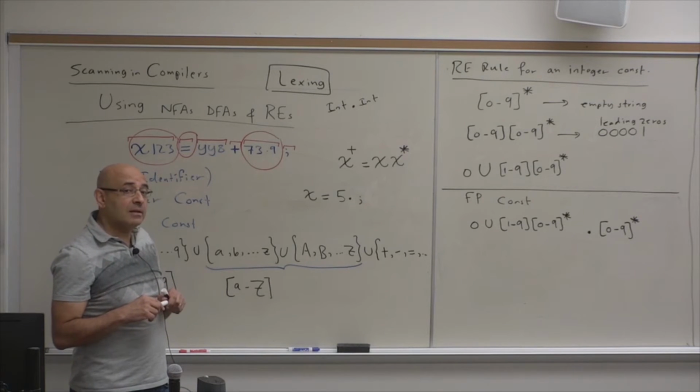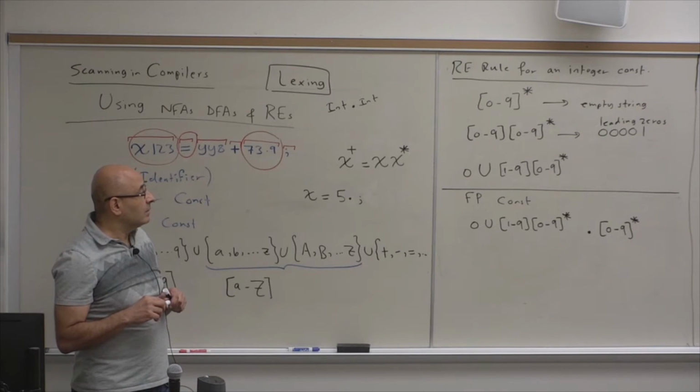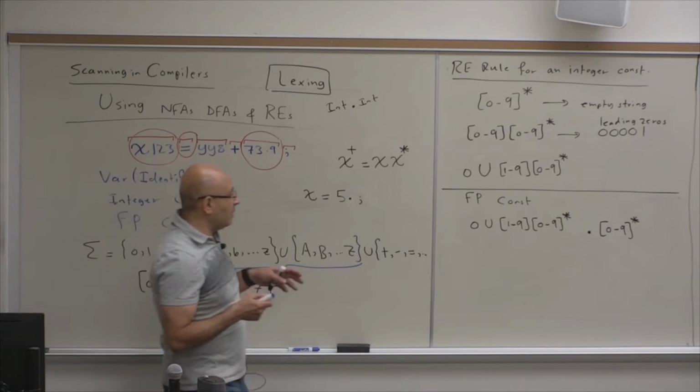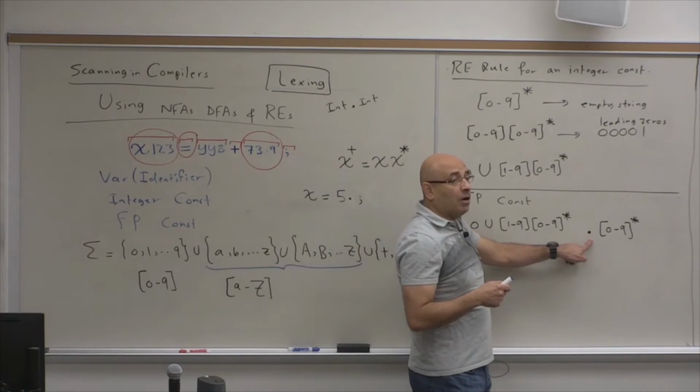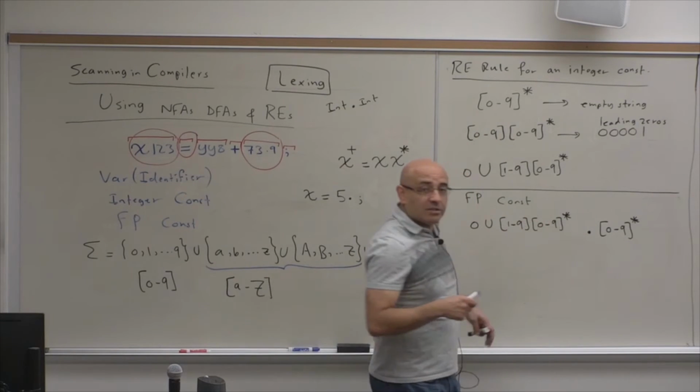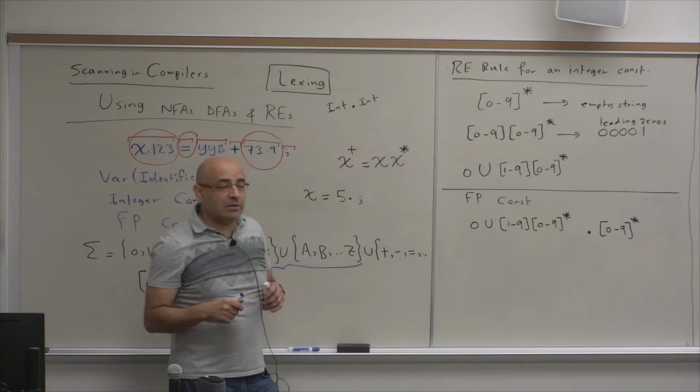Union with just 1 through 9 and 0 through 9 star? No, but then you will not be allowing the decimal. We want this decimal point to be optional. We don't want to delete it, we don't want to make it an integer. So how do you make the decimal point optional?